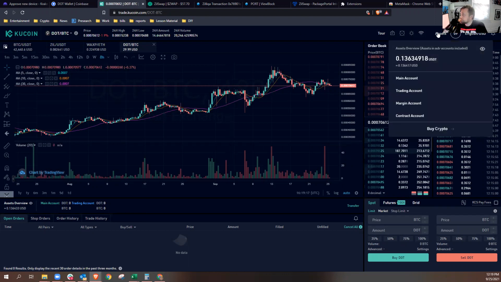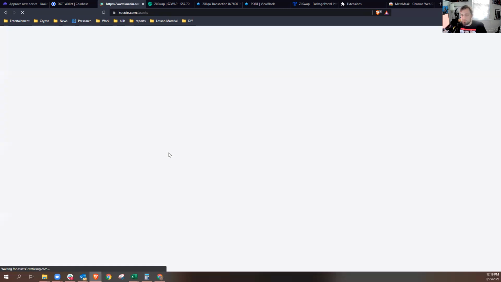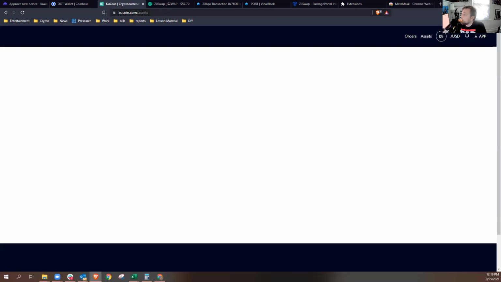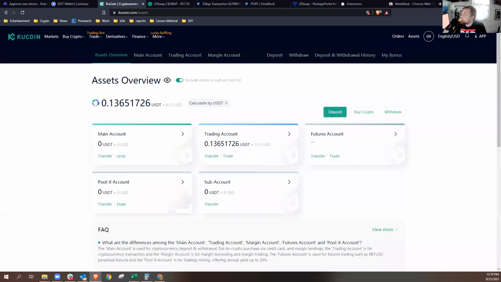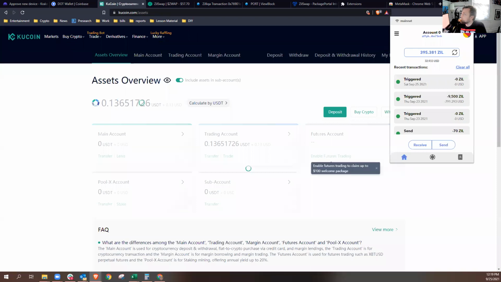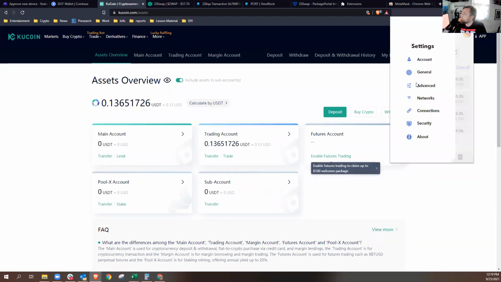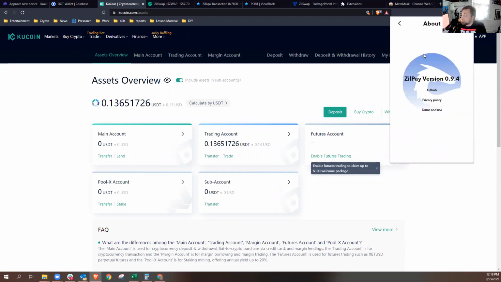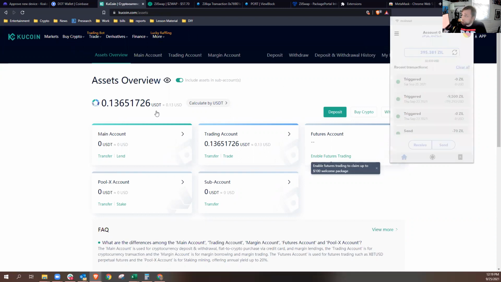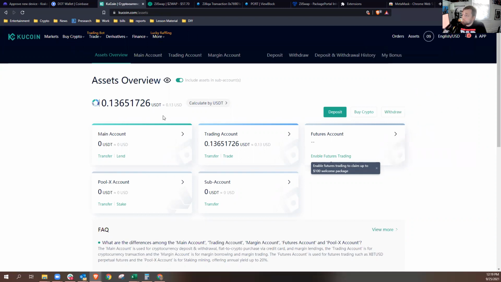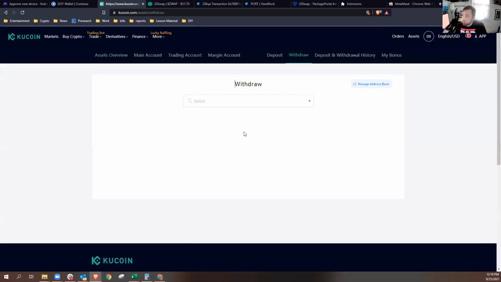Once you have that, you would go to your assets, and I want to hold on to my DOT. I really love DOT. I already have Zilliqa, but I'm just showing you guys what you would do. I use this wallet, ZilPay. I use that for Zilliqa. So if I would hit withdraw, same way on Coinbase, you would find out what you want to send.